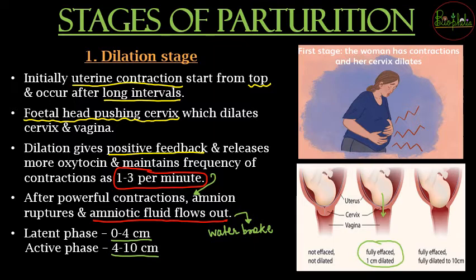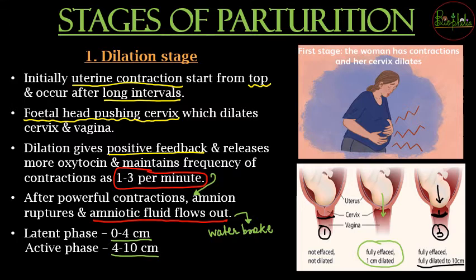Now if you can see the difference between the first part and the third part, what is the difference? This opening, if you can see, has opened up, and that is the dilation stage. Fully dilated is about 10 centimeters, wherein the fetal head can pass out. Since the cervix will open up, the fetal head can come out.